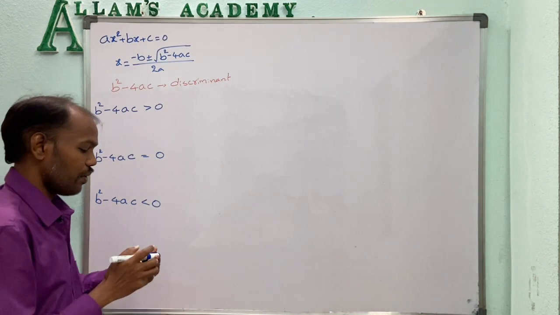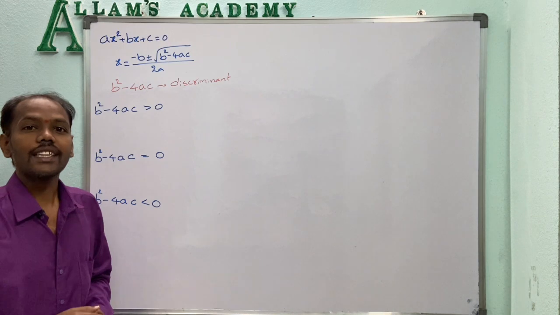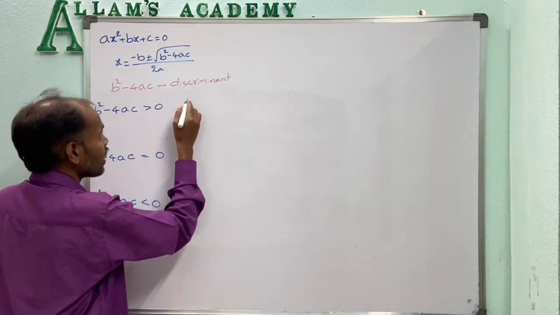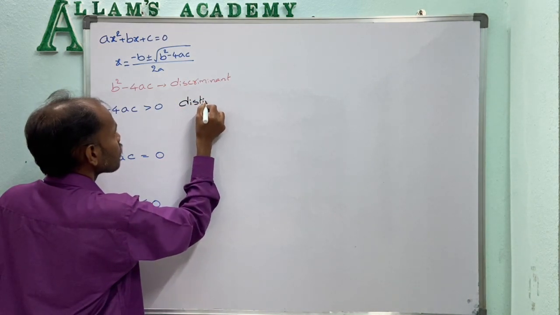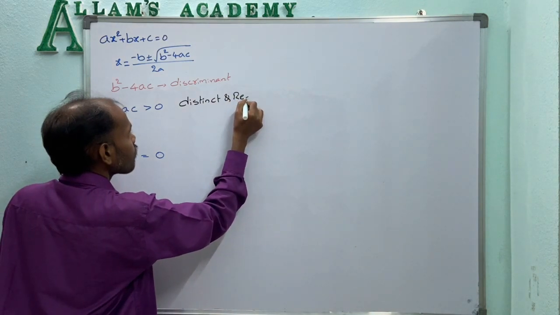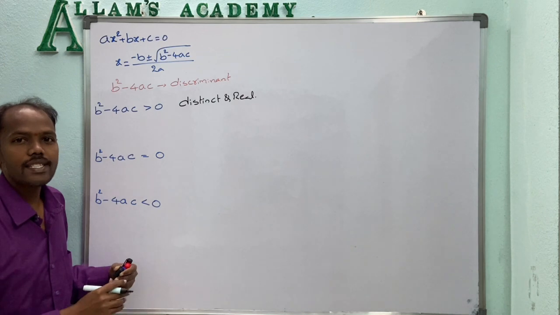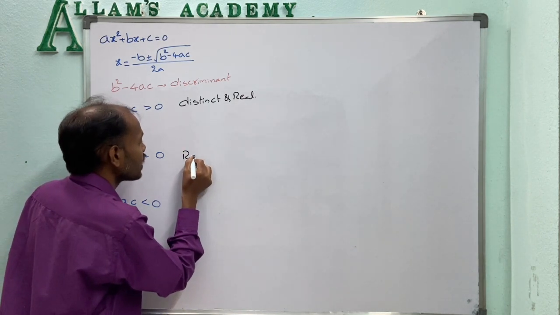So if b square minus 4ac is greater than 0, then the roots are distinct and real. If b square minus 4ac equal to 0, then the roots are real and equal.